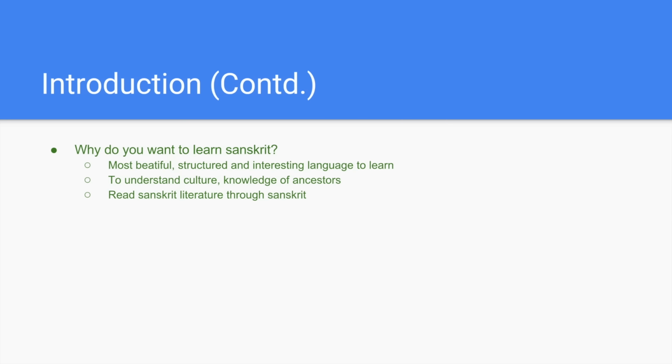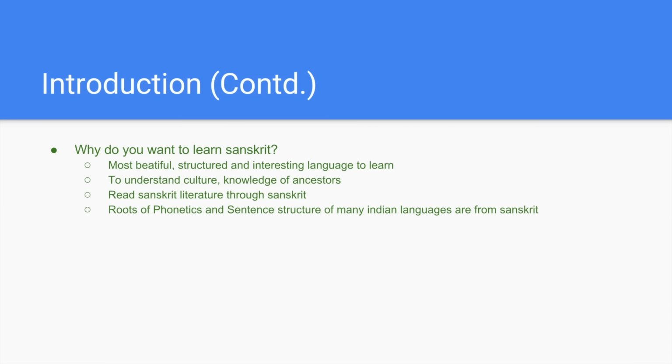Any material you read from its source, you can perceive its complete meaning and message. That is why, if you learn Sanskrit, you will gain complete knowledge of Sanskrit literature instead of reading translated versions.